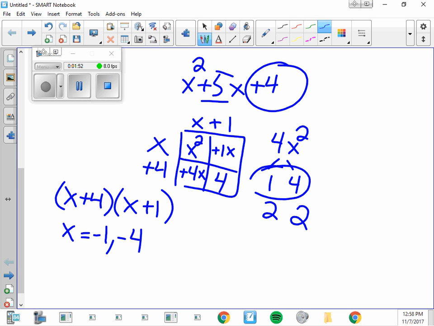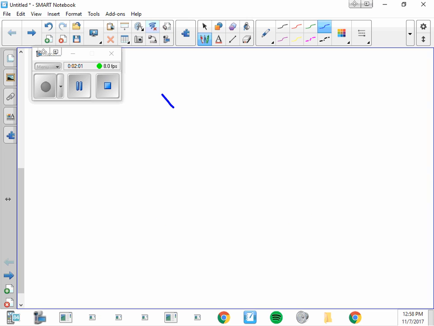Now, in this case, do I need the box? Can you factor this without the box? Let's try one. X squared minus, let's say 2x minus 24.